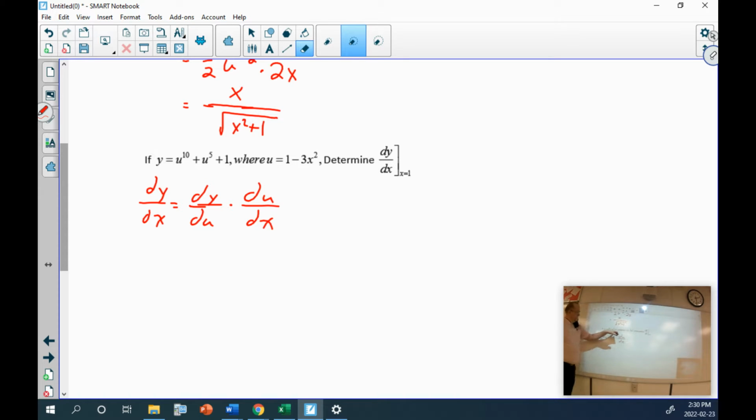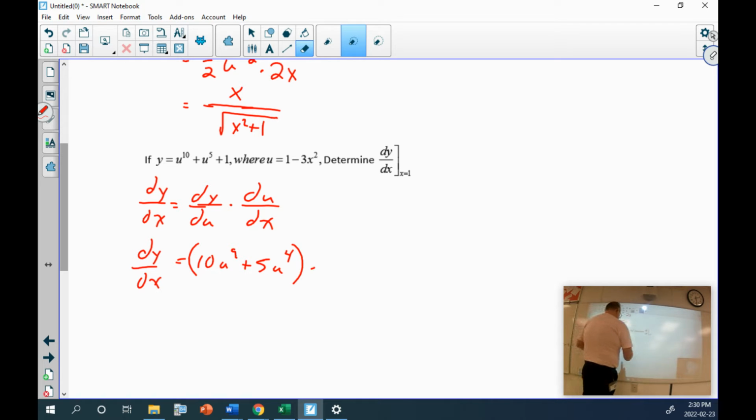What is the derivative of this function with respect to u? It's 10u to the 9 plus 5u to the 4, times the derivative of this function here with respect to x. It is negative 6x.